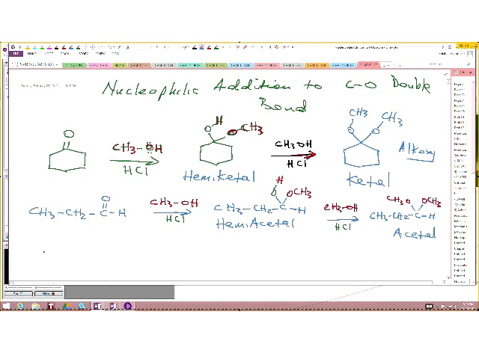And also, we told you that we could use the acetal or the ketal as a protecting group, particularly if you form the cyclic ketal or cyclic acetal. For example, take this molecule here.